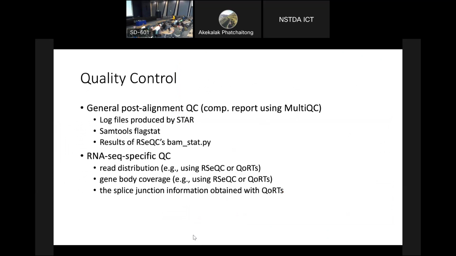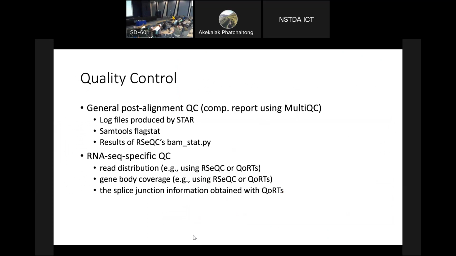Okay, so in summary, once you have aligned, you're doing quality control. There are two types of quality control: general post-alignment QC. You can combine all of this in a separate software called MultiQC. If you want to see all of them together, MultiQC does a nice job of pulling all those QCs together.